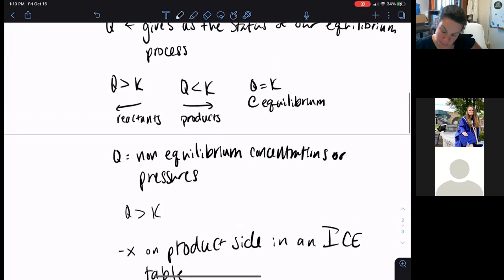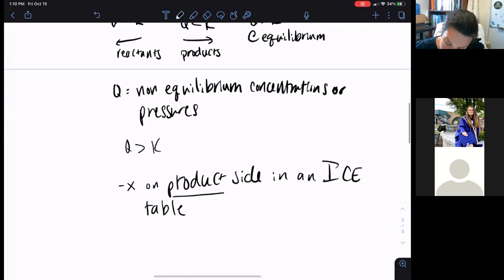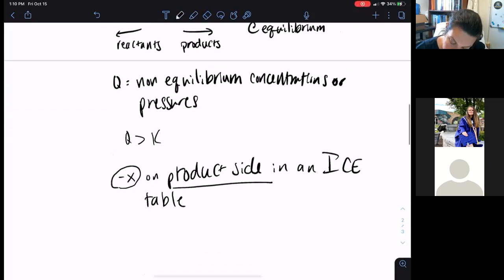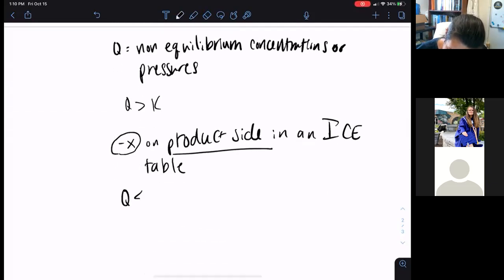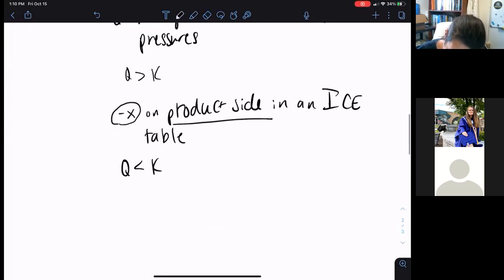So if we have too much Q, then our product side will get the negative. If we have too little, then it's going to be a negative x on the reactant side.